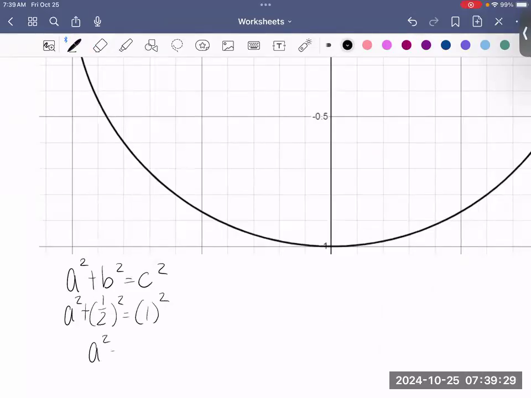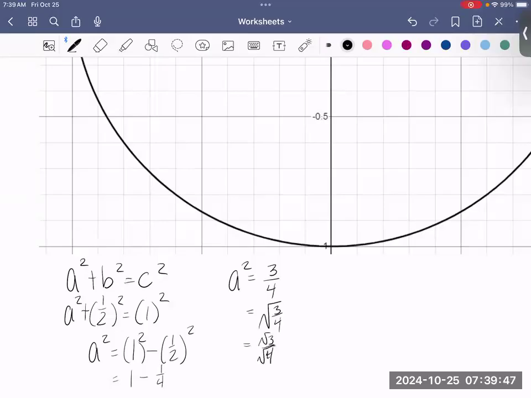So a squared is equal to 1 squared minus 1/2 squared, which is equal to 1 minus 1 over 4. So a squared is equal to 3 over 4. The square root of it is root 3 over root 4, so there we have root 3 over 2. So a is root 3 over 2.